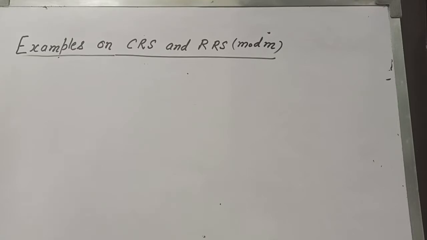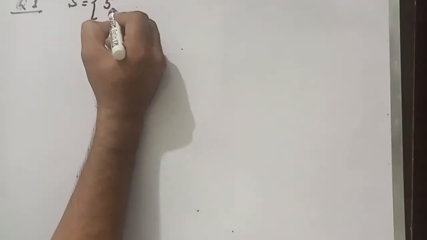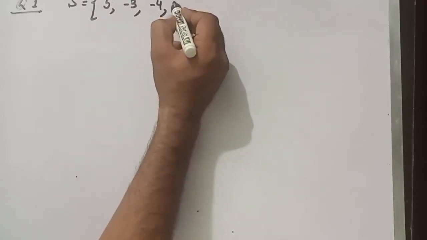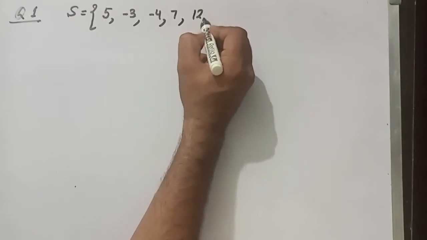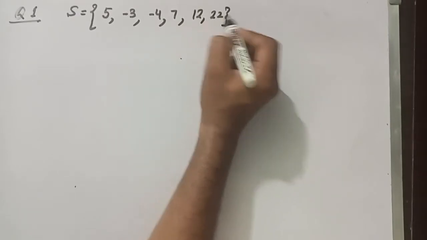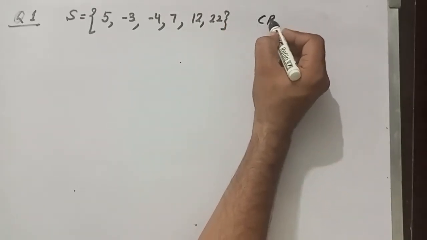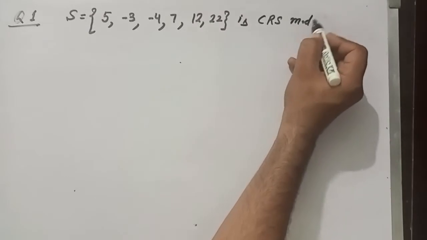So, let's start with question number 1. We are given the set S containing the integers 5, -3, -4, 7, 12, 22. We have to check whether it is a complete residue system modulo 6.